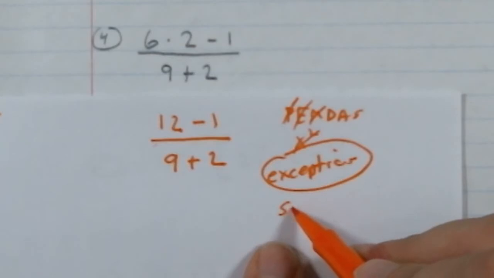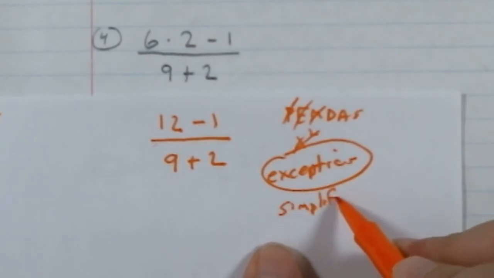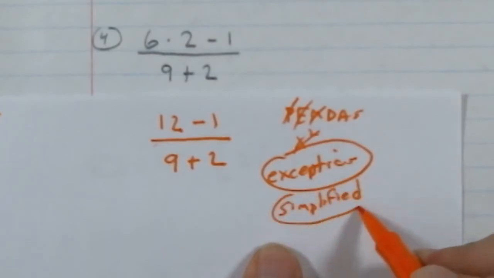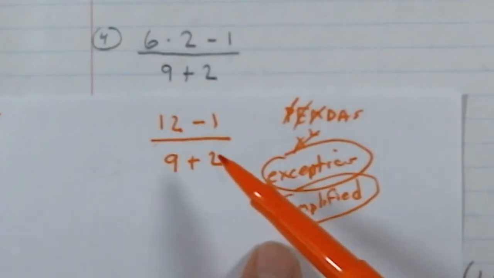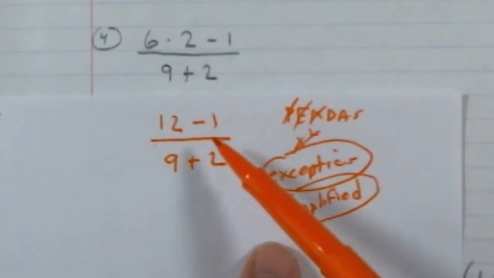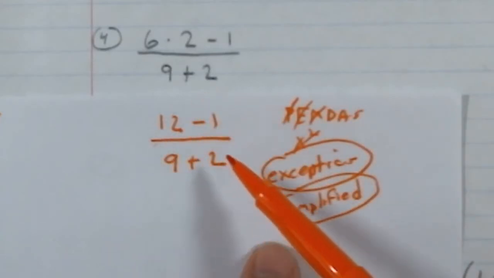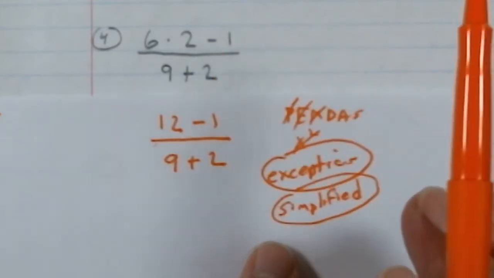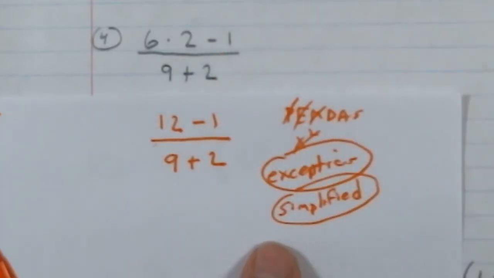What I mean by simplified is that you're going to have to not follow this 100%. There's always exceptions, but in this part here, this will work. You're not doing any multiplication, you're not doing any division yet. All you're going to do is just get something a little bit simpler.